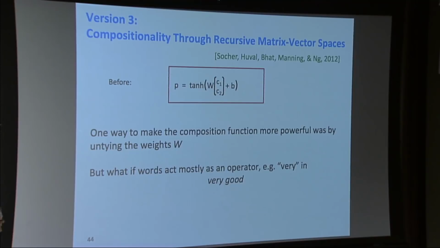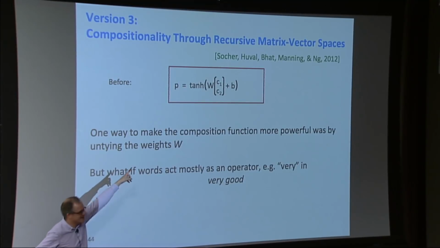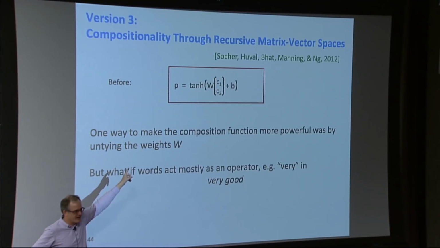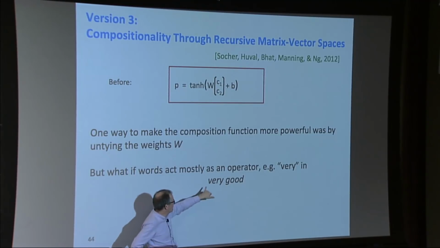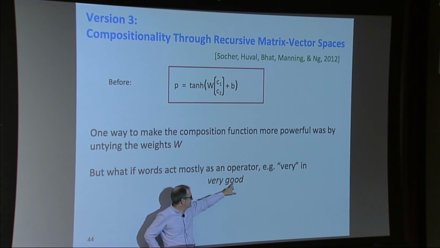So if we want to capture that kind of semantics, we can't capture it by just concatenating two vectors and multiplying them by a matrix. What we really want to say is that "very" is going to grab hold of the meaning of "good" and modify it in some way to produce a new meaning for "very good".